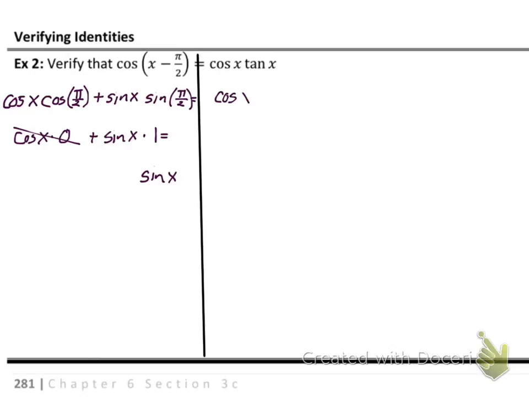So if I have cosine x times, I'm going to rewrite tangent as sine x over cosine of x. My cosines would cancel out, and this side would just equal sine of x. Those two sides are equal, and you are done.